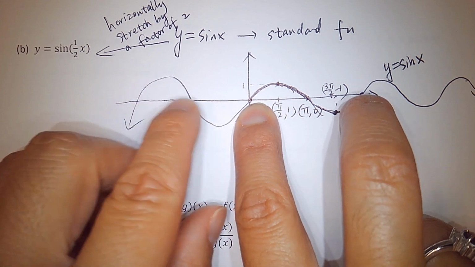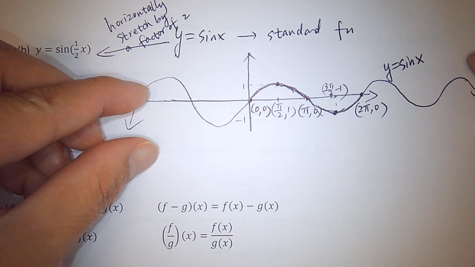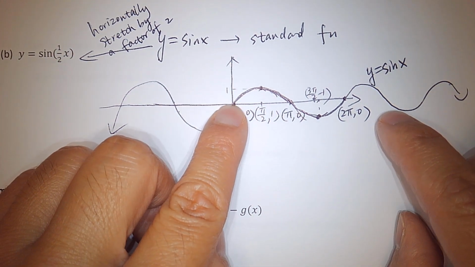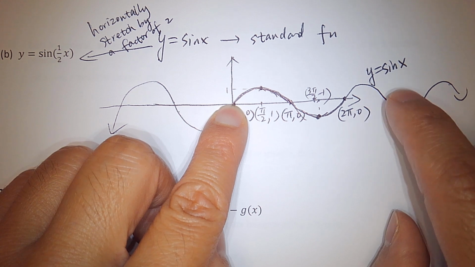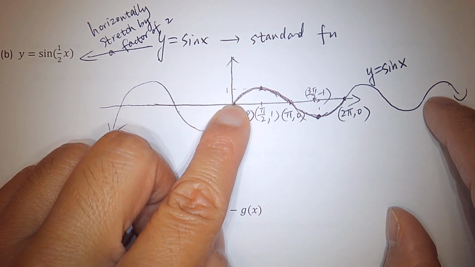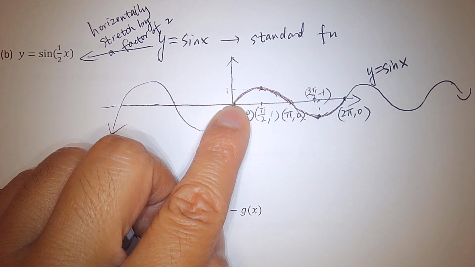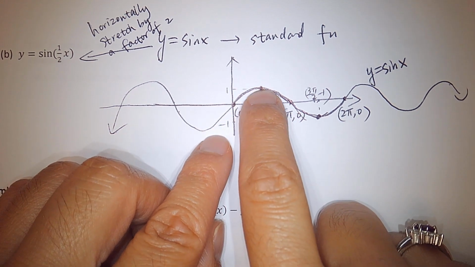If we horizontally stretch it by a factor of 2, that means now the new circle should be from 0 to what? In the x direction, it should be from 0 to 4 pi. Right, I know, but I was just saying the top part should be at pi over 2, the highest point. The highest point is 1, right?